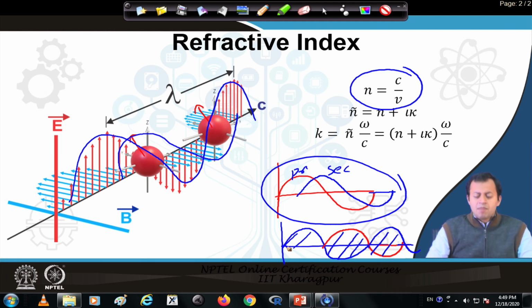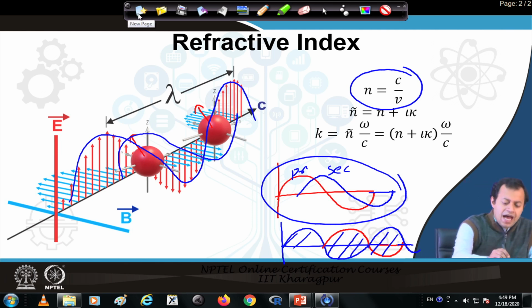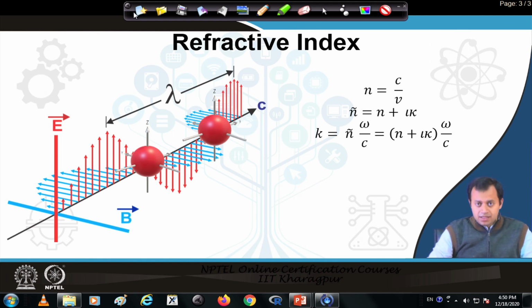Now, some of you may still be wondering, okay, I get it, we have interference between primary and secondary waves, and remember, it is not just one secondary wave, there are millions of atoms here, randomly oriented, but it still does not take care of the speed per se.